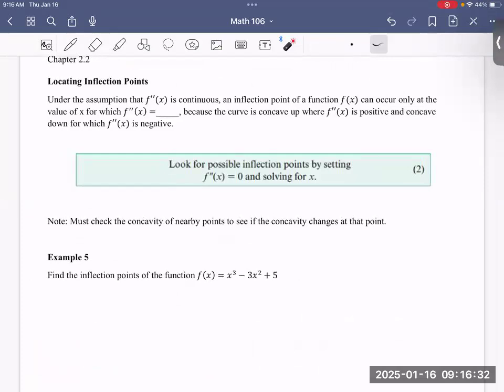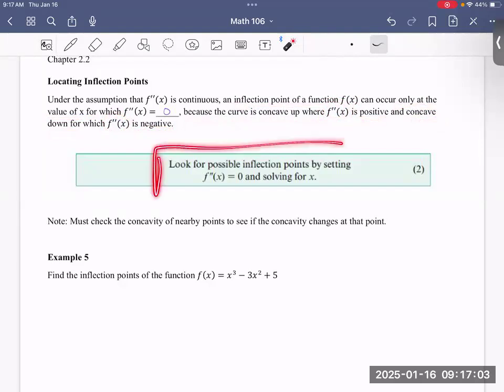So we're under the assumption that your second derivative is continuous. An inflection point of your original function can occur only at the value of x for which your second derivative is equal to 0. Because the curve is concave up somewhere where your second derivative is positive, and then concave down somewhere when your second derivative is negative. So it now has to kind of cancel each other out.